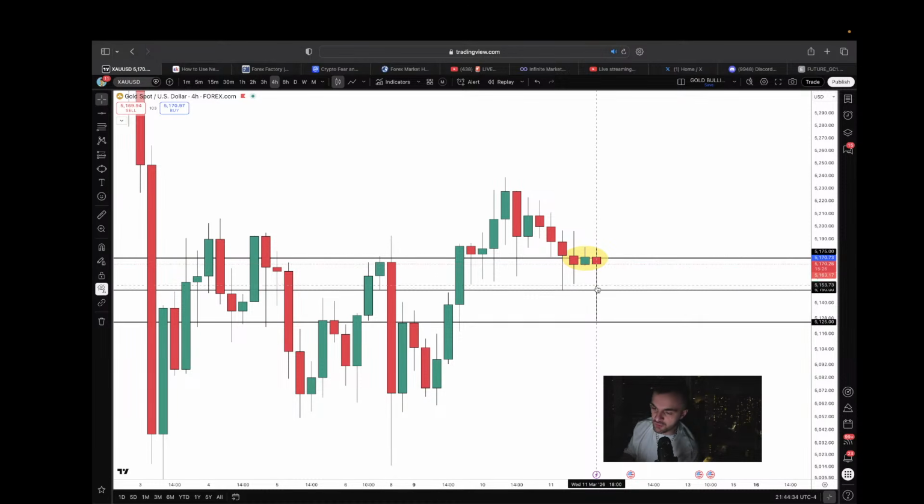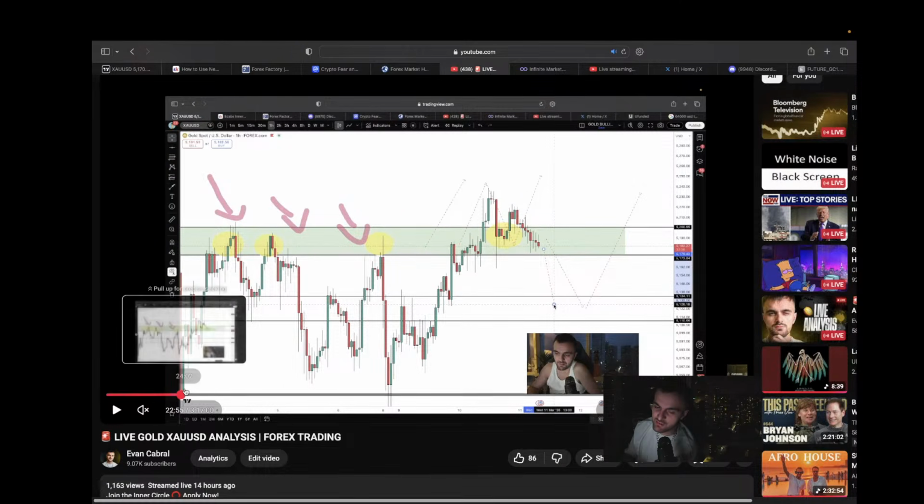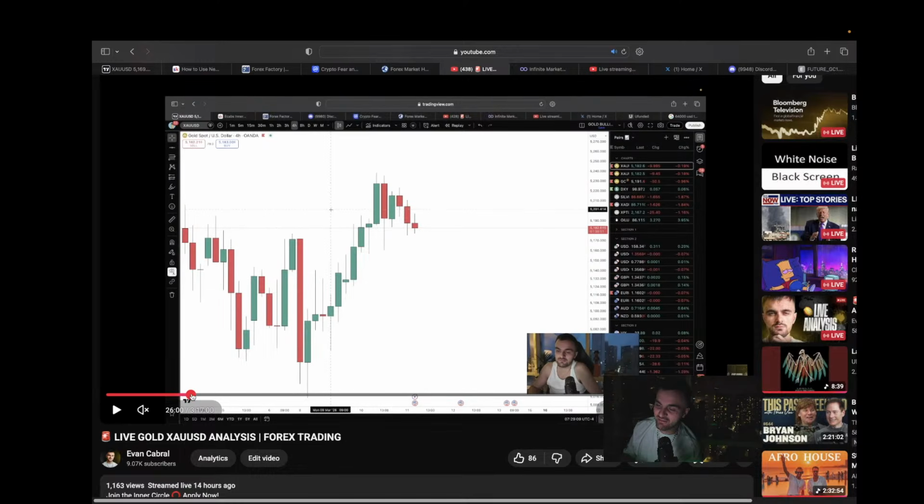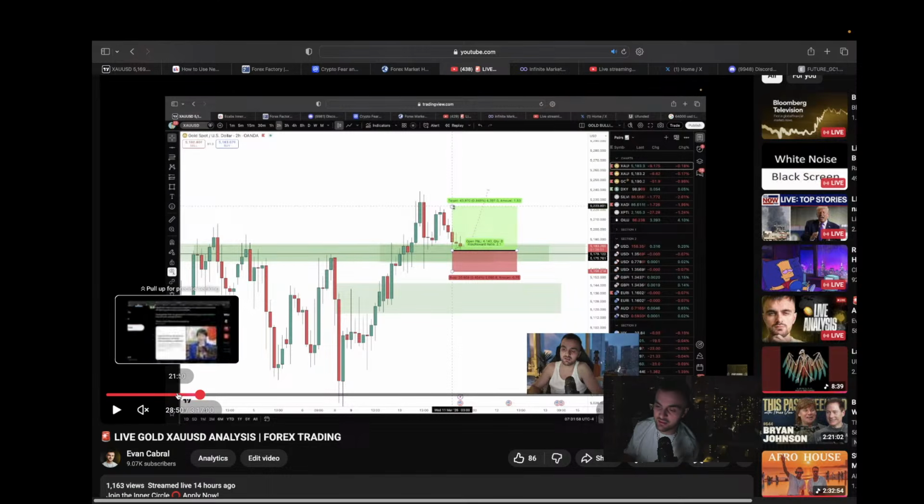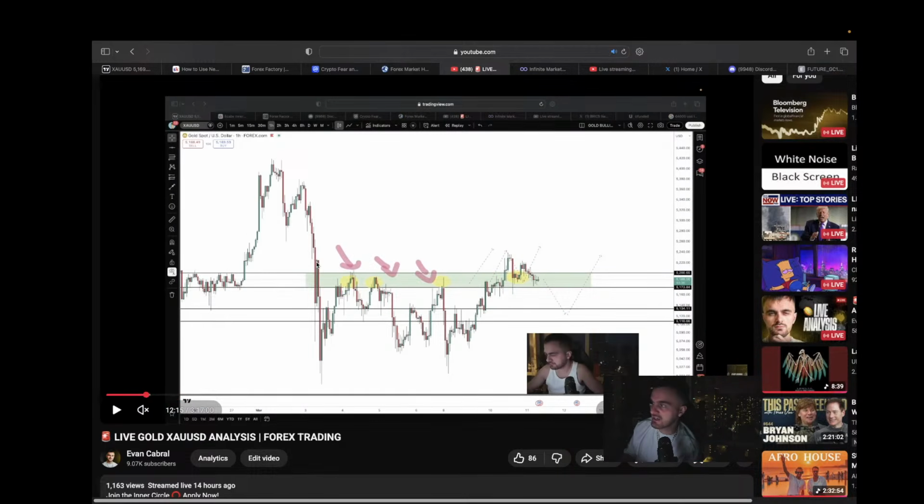This candle just wicked down and reclaimed the same zone. I was like wow, I don't just say things for random. It's happening at a later time, right? I don't just say these things for random.